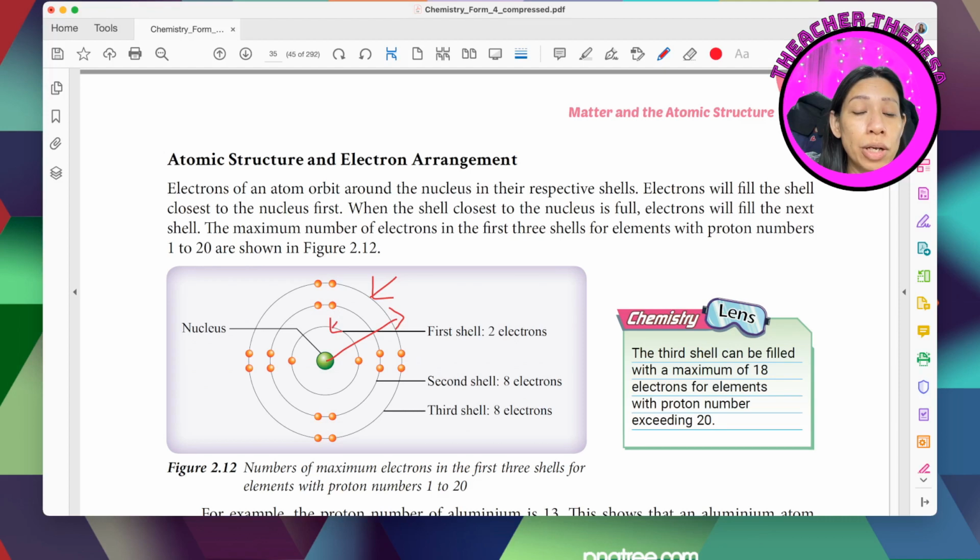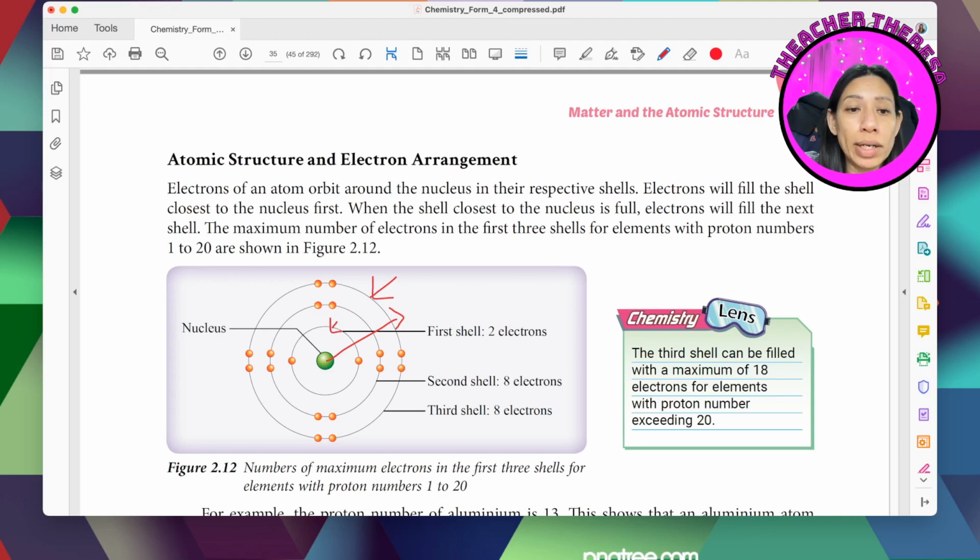So in order to become stable, it has to change. Let's say we take hydrogen. Further on, when you study, hydrogen can become positive or negative because hydrogen is the smallest atom with only 1 proton, 1 electron.